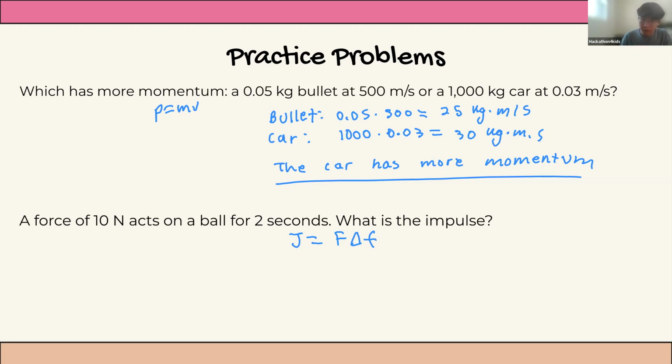Okay. I'll solve this again. Like some of you got J. Force is 10, time is 2. Great. That's our answer, newtons times seconds. That's our units for impulse, right? It can also be written as kilograms meters per second, but we usually use newtons times seconds for impulse.